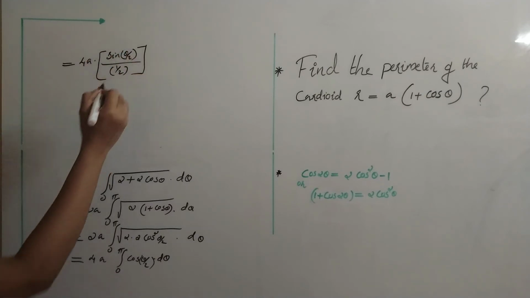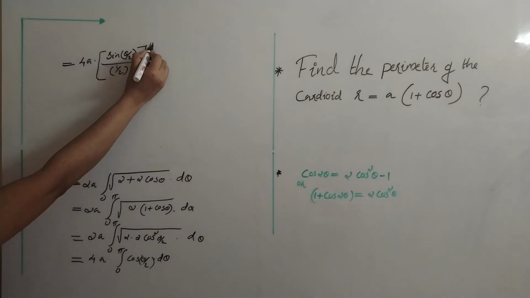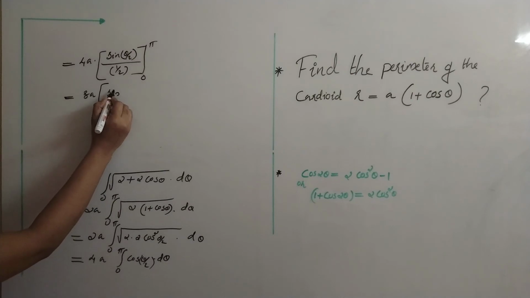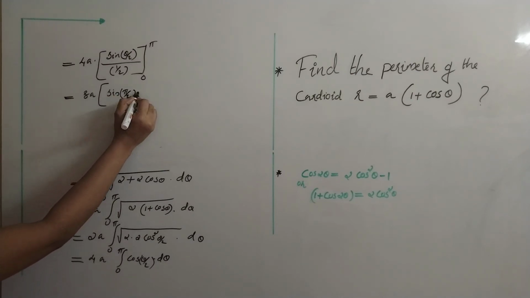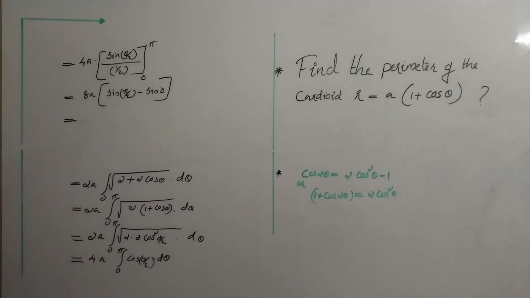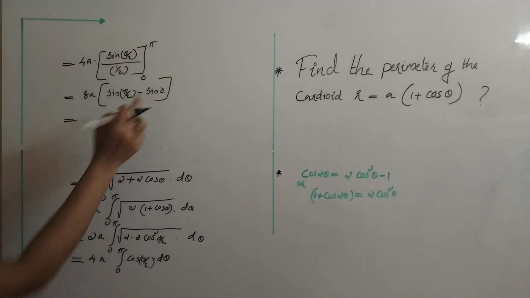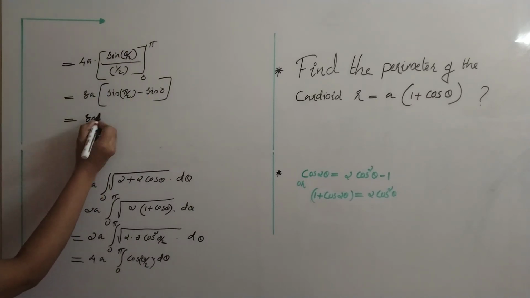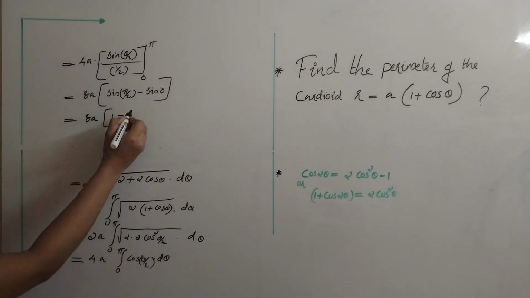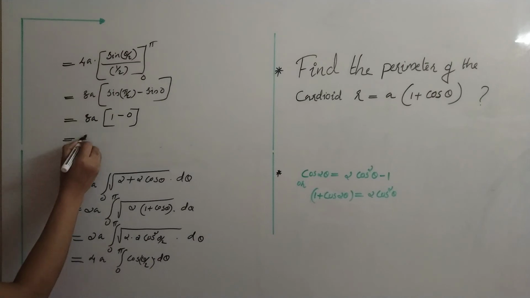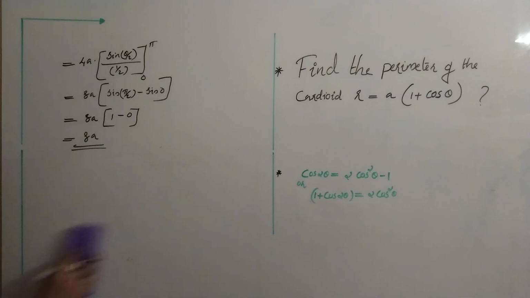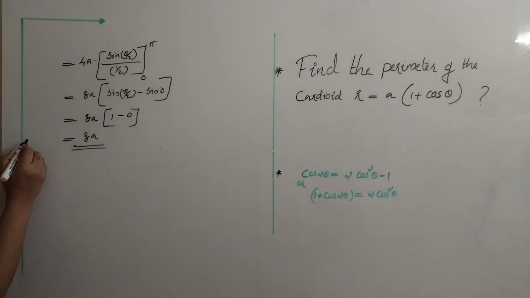The limit is 0 to π, which is equal to 8a times (sin(π/2) − sin 0). Here I have applied the upper limit and lower limit. And this is equal to 8a times (sin(π/2), which is 1, minus sin 0). Sin 0 is 0. So the perimeter of the cardioid r = a(1 + cos θ) is 8a.